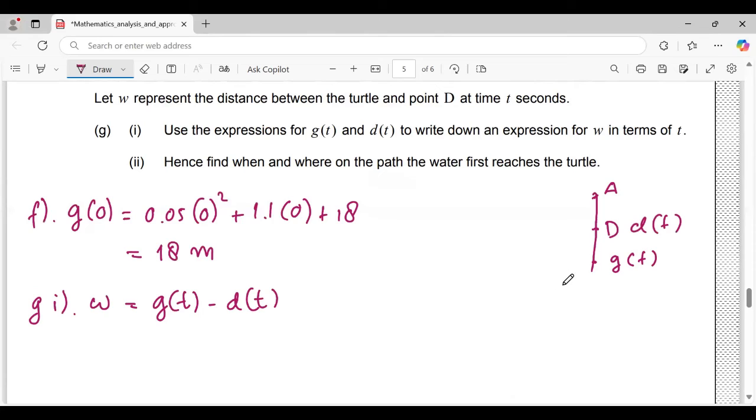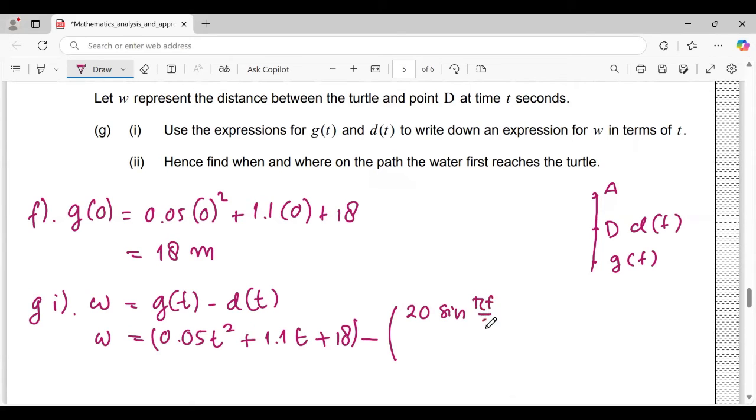So W equals 0.05 t squared plus 1.1 t plus 18 minus dt, where dt is 20 sine pi t over 8 over sine of 2.37 minus alpha.